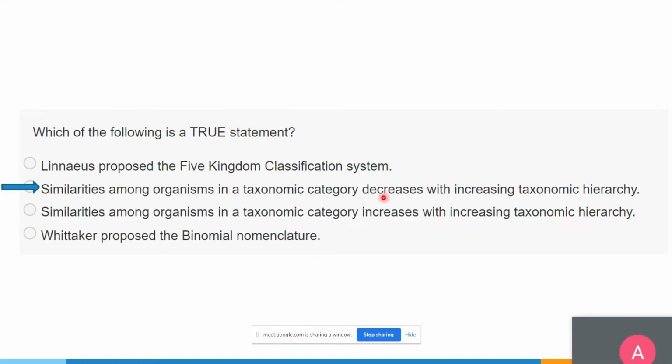That is, similarity between the organisms is decreasing, and as we can see, as we rise higher and higher up the hierarchy, humans and earthworms, as we just saw, are categorized under the same kingdom, Animalia, but their similarity is very low. But this is what the question is asking, and obviously the second answer is correct.